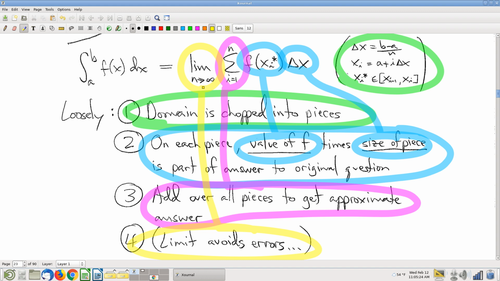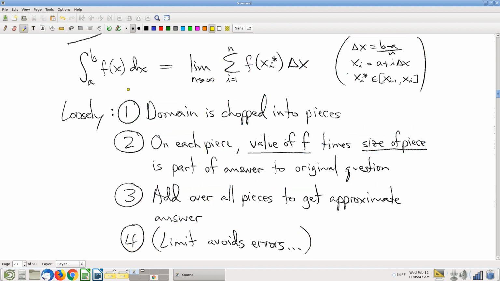So in this situation, what is it that is really fundamentally about what a Riemann sum really ought to be? And what is it about this that is just a peculiarity of the fact that we're doing single variable calculus? And so here's what I propose, and that is that what we've got here, this is all to be kept. This is all fundamental to what a Riemann sum really is.